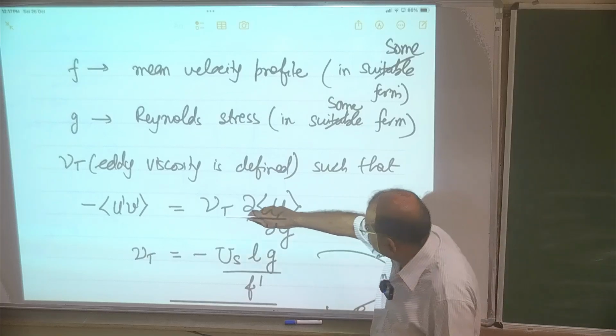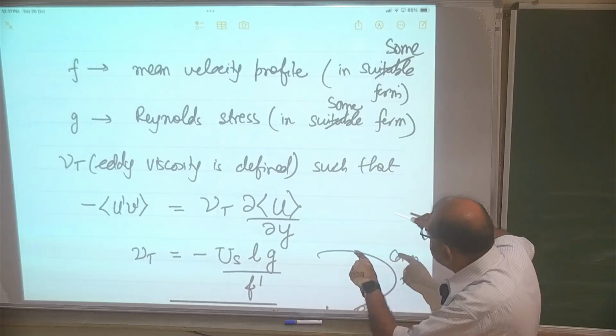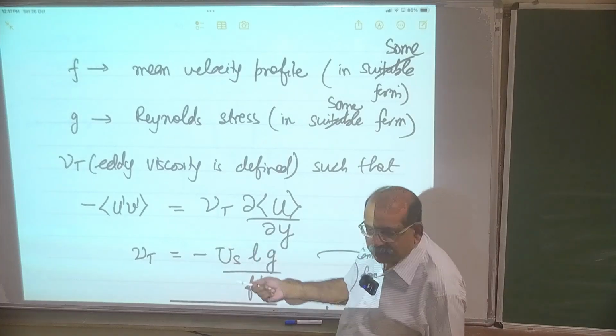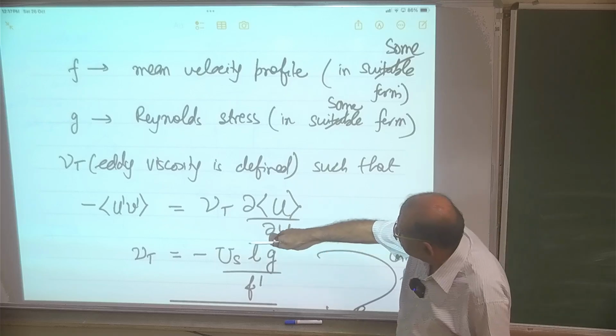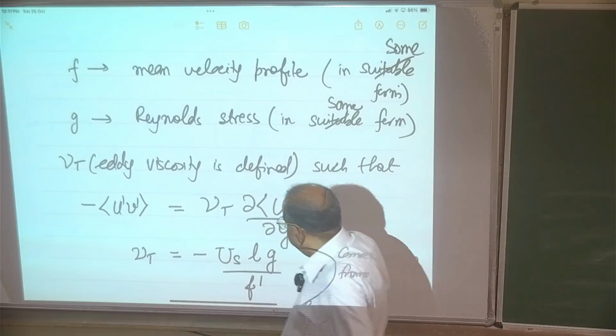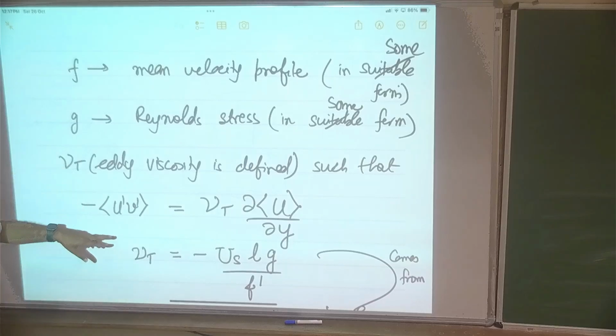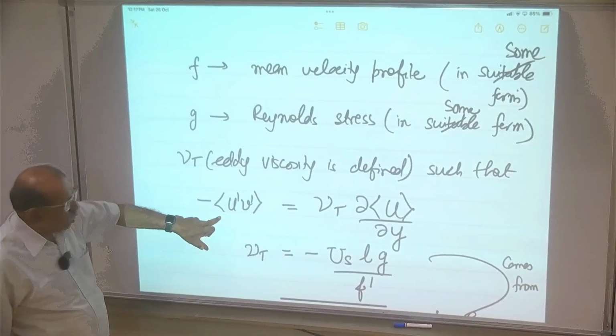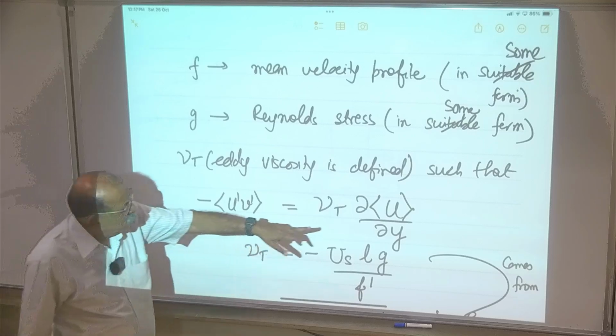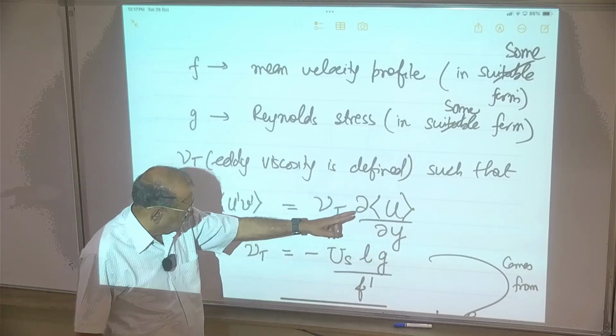So therefore, and here using empirical relation, basically what we sort of assume is that if I write u prime v prime, let me just see, u prime v prime was written as g suitably non-dimensionalized and du by dy was f prime.